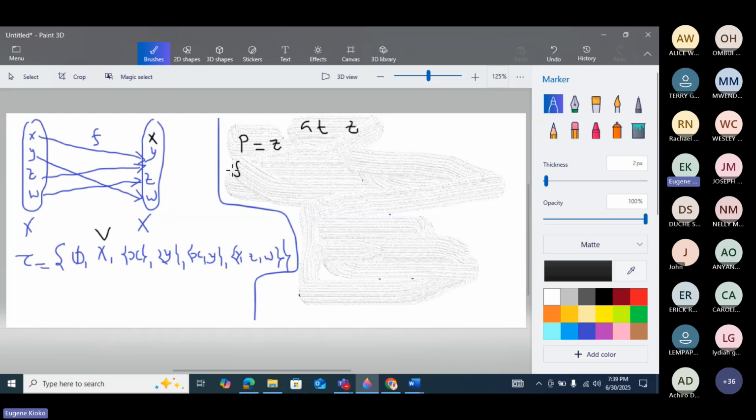So ask yourself, where is Z mapped to? Z is mapped to Y. From there you ask, what are the neighborhoods of f(P), which is Y?